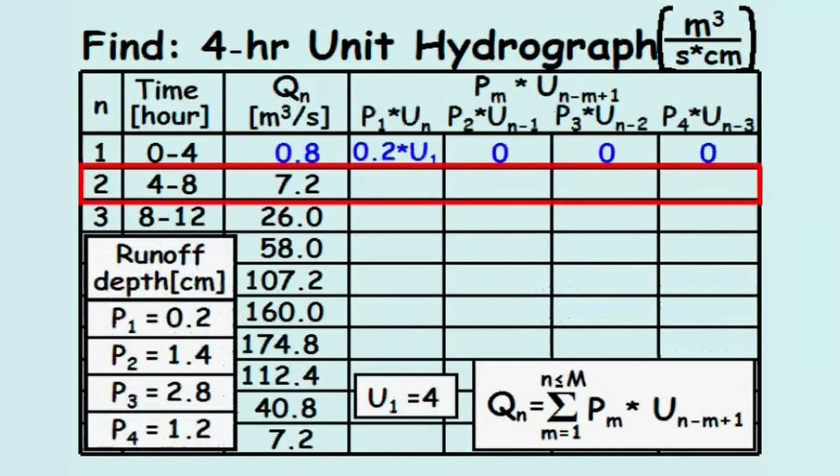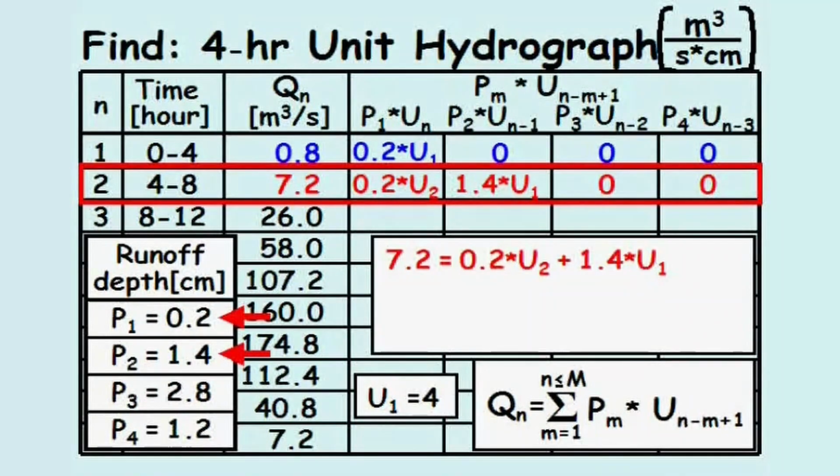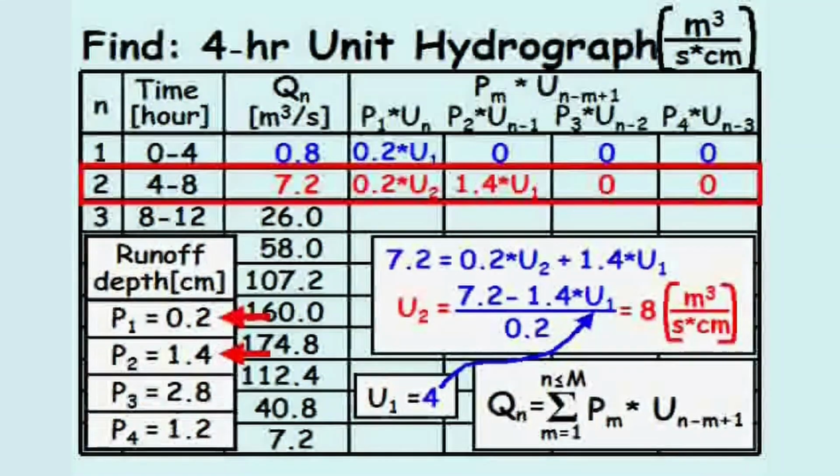The second time period is solved the same way, but this time the first 2 hours of runoff contribute to the stream flow because n equals 2. Solving the convolution equation for the second ordinate and plugging in the first ordinate, u sub 1, u sub 2 equals 8 meters cubed per second per centimeter of excess rainfall.